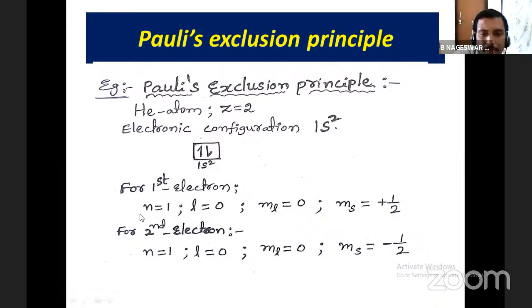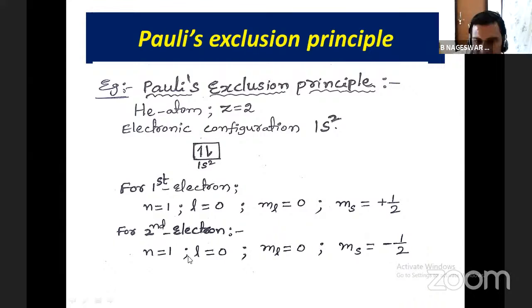Suppose in the case of helium atom, we take the first electron. This electron has principal quantum number 1, azimuthal quantum number 0, magnetic quantum number also 0. But here the spin quantum number we take as plus half. Upward direction indicates plus half.